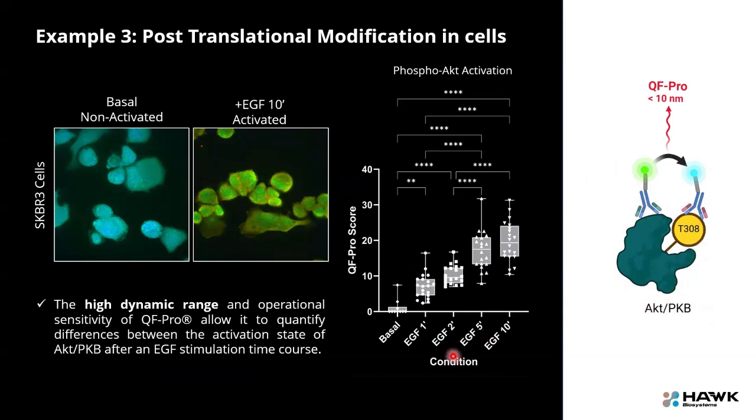In these cell lines, we treated them at different time points with an inducer, epidermal growth factor, that would induce the activation of AKT. And as you can see, we get this nice time response curve. Upon higher treatment, we get a higher activation. And of course, you can see in the images how the phenotype is switching from a bluish color to a more red and orange phenotype.